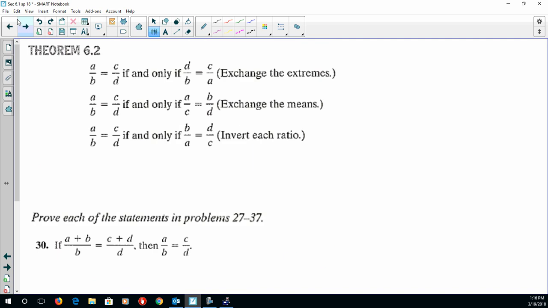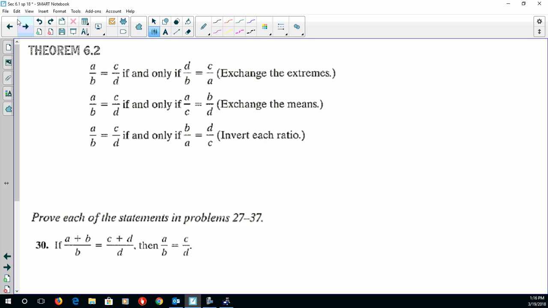Okay, now we have some equivalent forms of the proportion. On the left side, A over B equals C over D, our standard sort of proportion. And you can move some things around. In other words, exchange the extremes, or exchange the means, or invert the ratios.